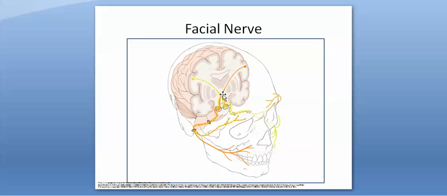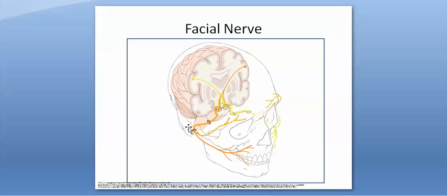Okay, and then there's an interesting point of decussation, of crossing over. Now information is going to go to both facial nerves, okay, here and here, and that facial nerve is going to branch off into 2 primary facial branches, okay, and both branches are going to travel down together until they get to here. Then they're going to branch off separate.